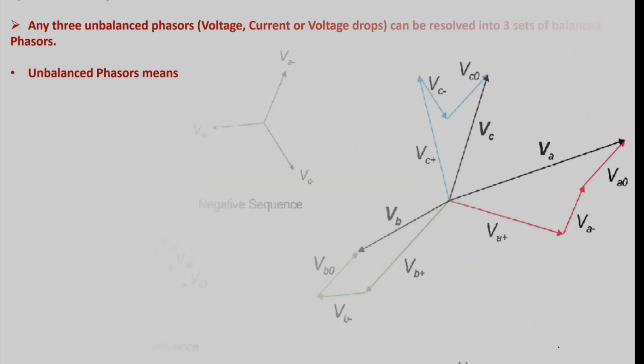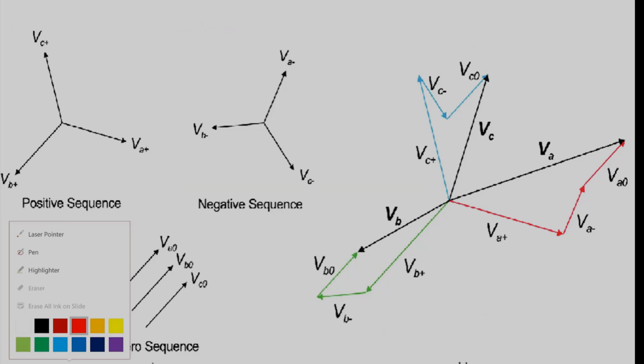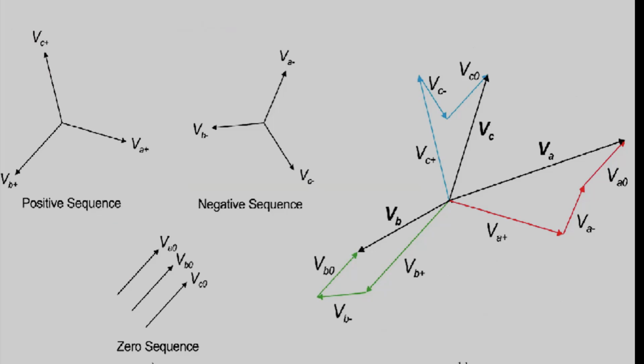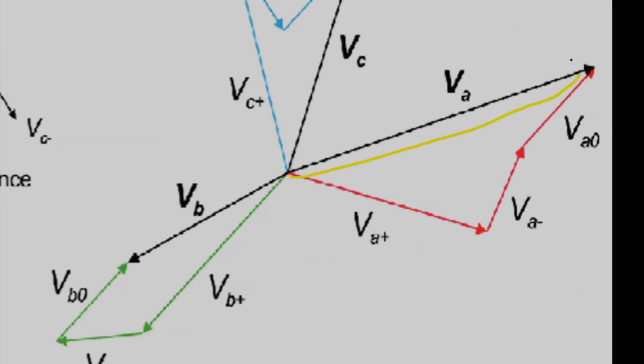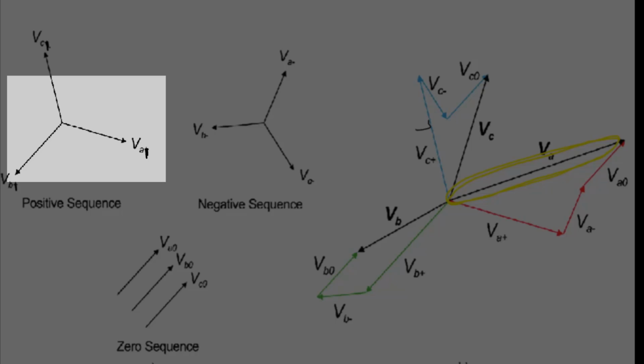Just to illustrate the same concept, if you carefully observe the image, my VA is an unbalanced vector. How have I obtained it? First one is the positive sequence components: VA1, VB1, VC1. They can be oriented in any way.